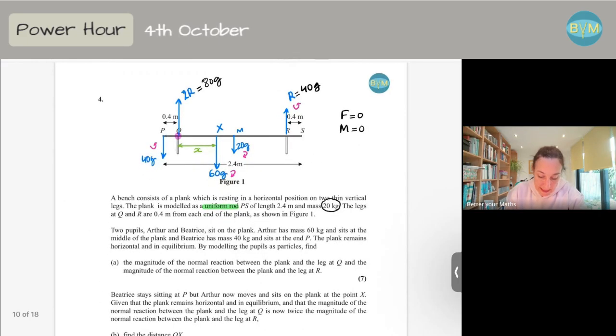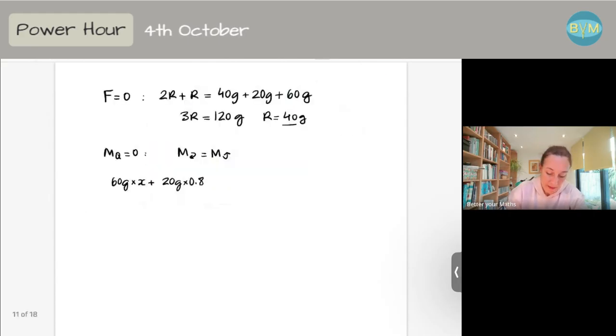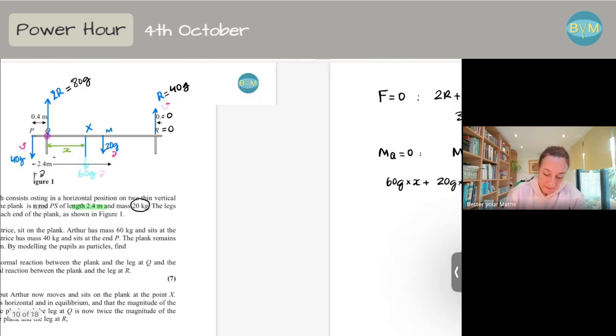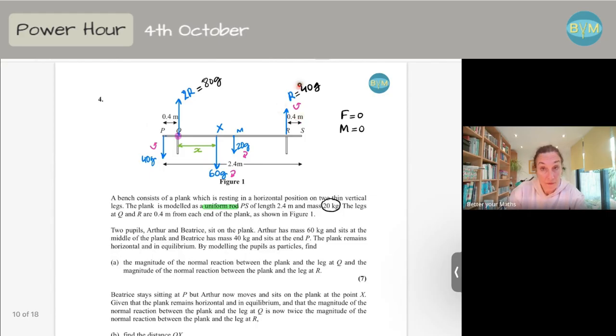And then, so we have done these two, and now this one is going to be 40G times 0.4. And the other one, this one is 40G multiplied by this distance again. That is what?